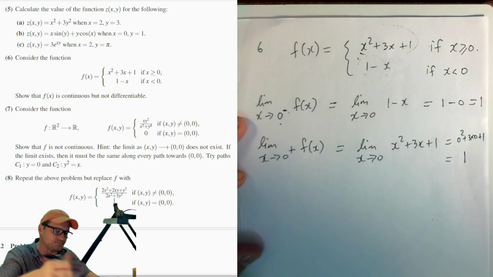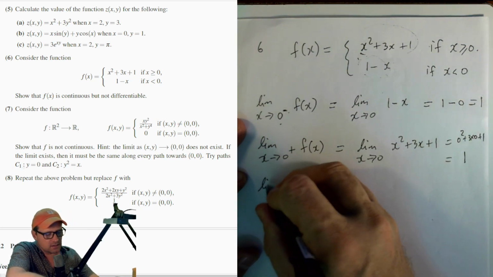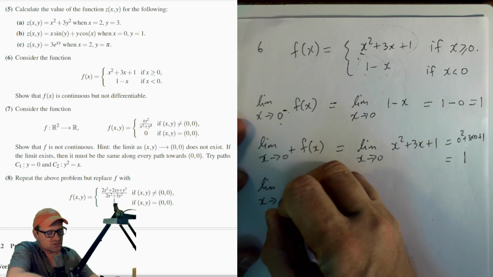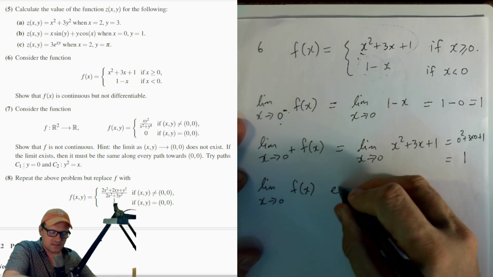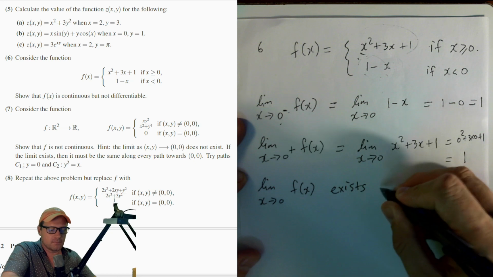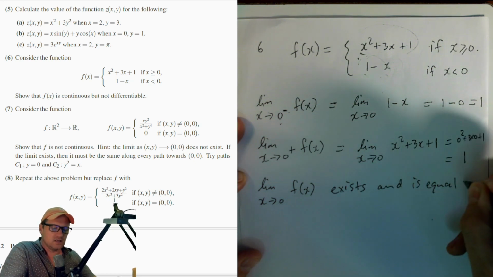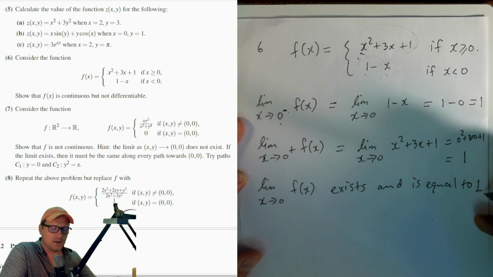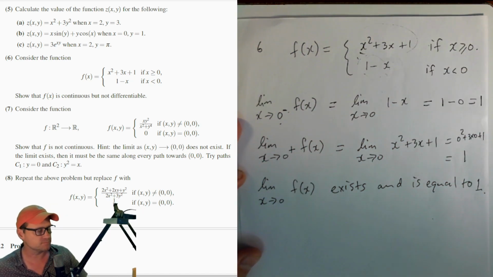They agree. So since the limits agree, the limit as x approaches 0 of f(x) exists and is equal to 1, because these are both 1 and they're equal.